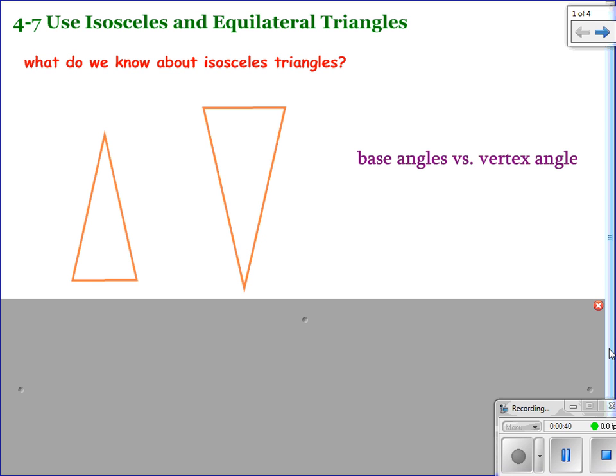If these are the congruent sides, which ones are the two congruent angles? The ones that are equal to each other are called the base angles.